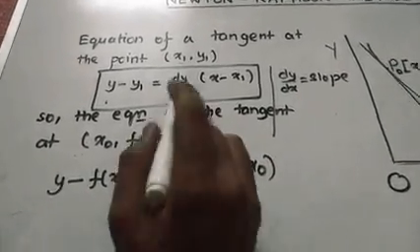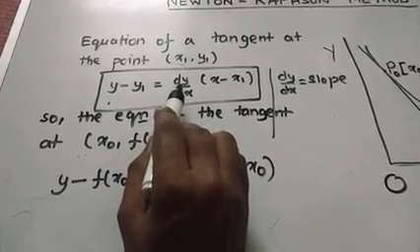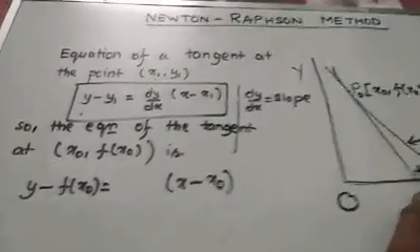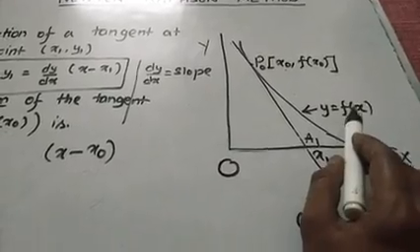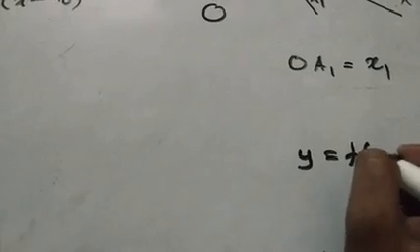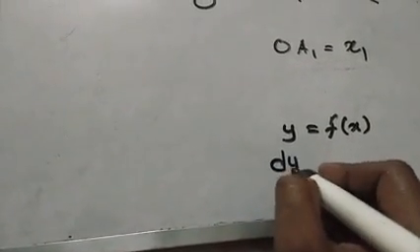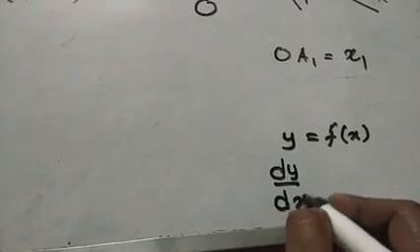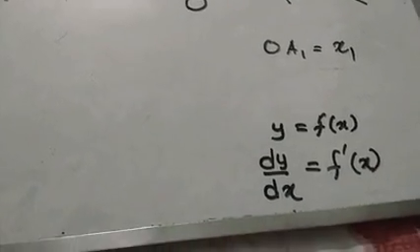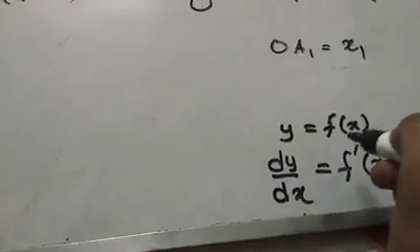But the thing is that dy by dx is the slope, or we can say the derivative of the curve. Which curve? This curve's derivative. So if I say y equals f of x, then what is the dy by dx? dy by dx equals f dash x. And at which particular point are we finding the tangent?